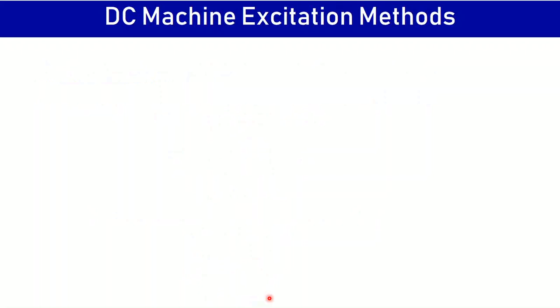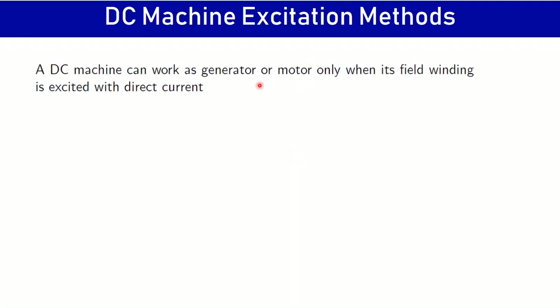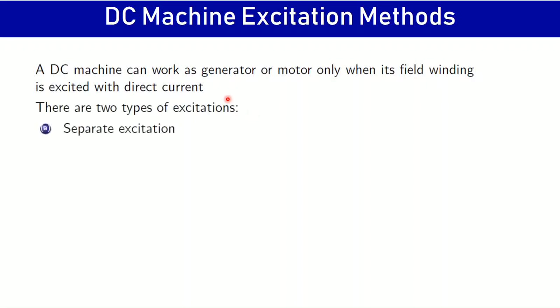Now, we see that this flux is obtained from the field winding when an electric current flows into it. That is known as excitation. So a DC machine can work either as a generator or motor only if its field winding is excited with a DC or direct current. There are two types of excitations.